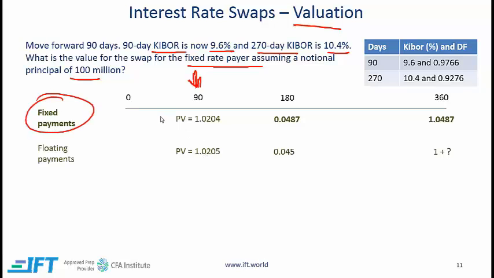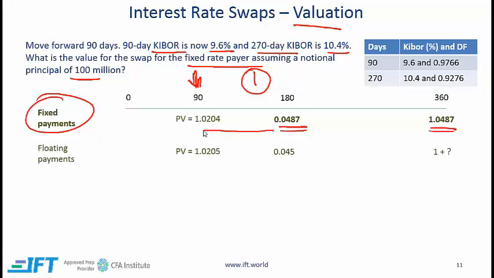Consider the fixed payments first. We've already established that for 1 unit of currency, the coupon payment on day 180 is 0.0487, and then at the end of the year, day 360, it's going to be 1 plus 0.0487.